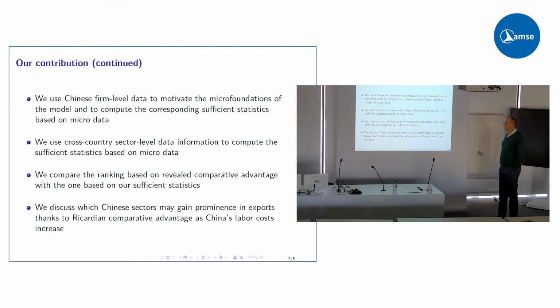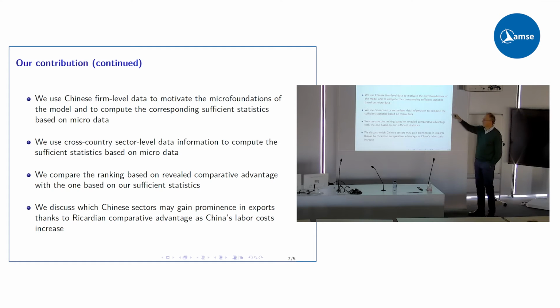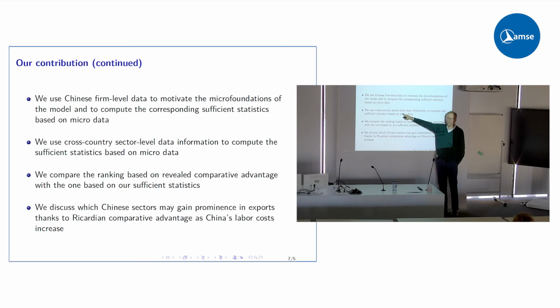In the application, we use Chinese firm level data for the micro foundations and also for motivating some aspects of the model. And then we use cross-country sector level data to compute the sufficient statistics, based on macro data.